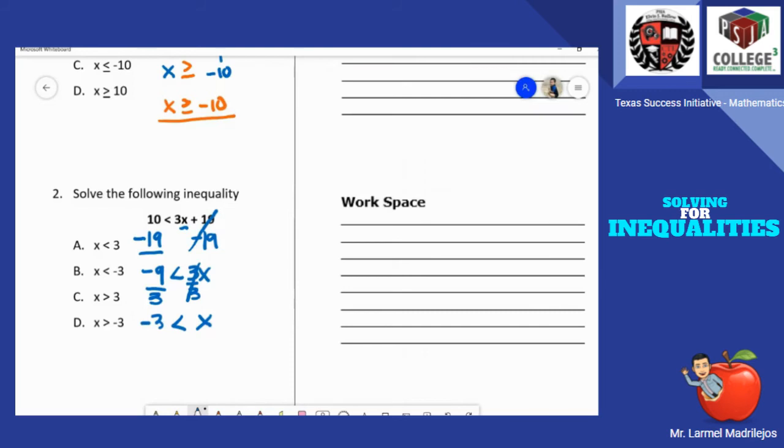But we're not used to writing in this way. Take note, I'm going to move this to the other side of the equation. This will follow the variable. So this becomes x greater than negative 3. So the answer is A, B, C, or D. It's letter D.